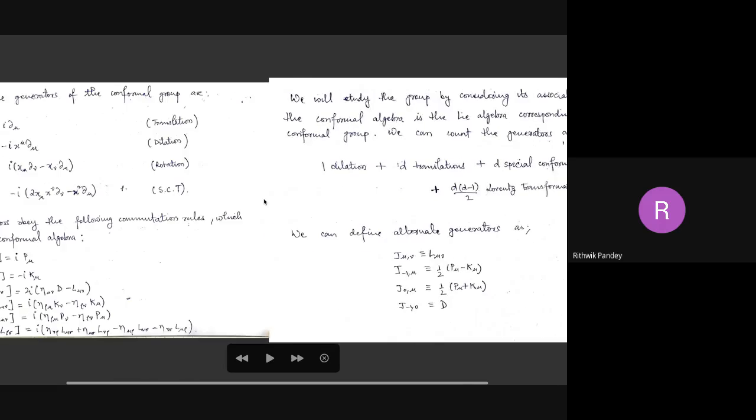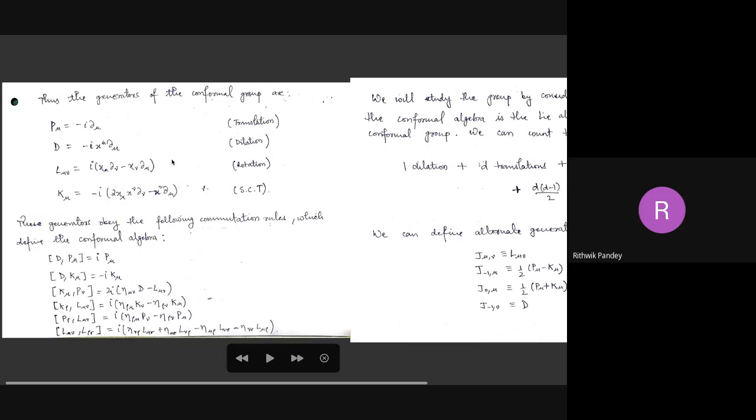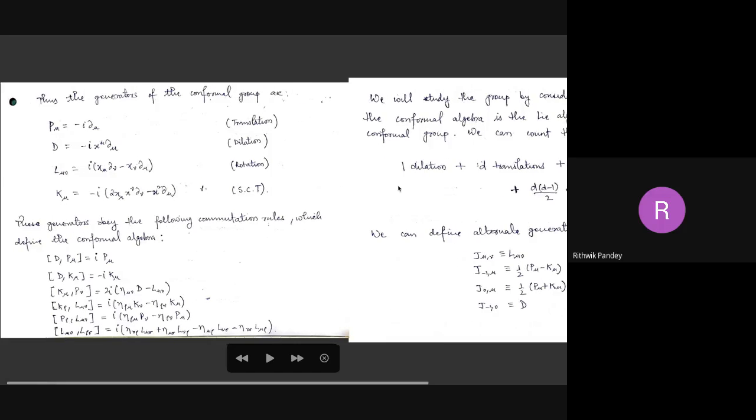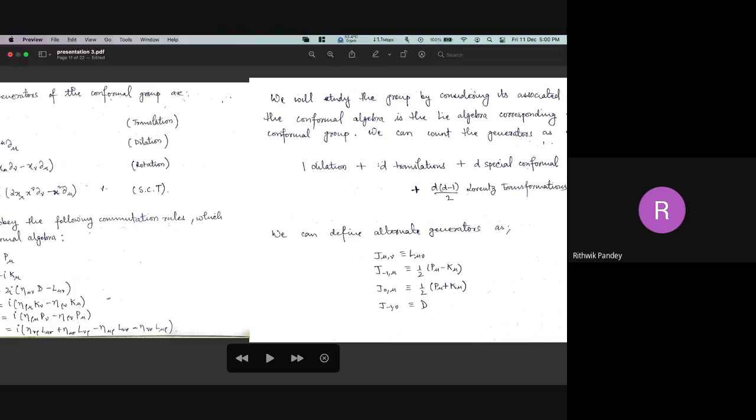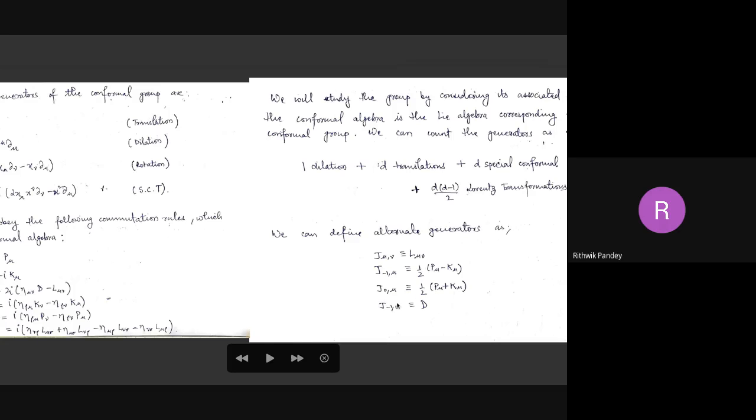Now, we already had these generators, but to put them in a more illuminating way, we can define alternate generators in the following way. J mu nu is equal to L mu nu. J minus 1 mu is equal to half P mu minus K mu. J 0 mu is equal to half P mu plus K mu. And J minus 1 0 is the dilation operator.